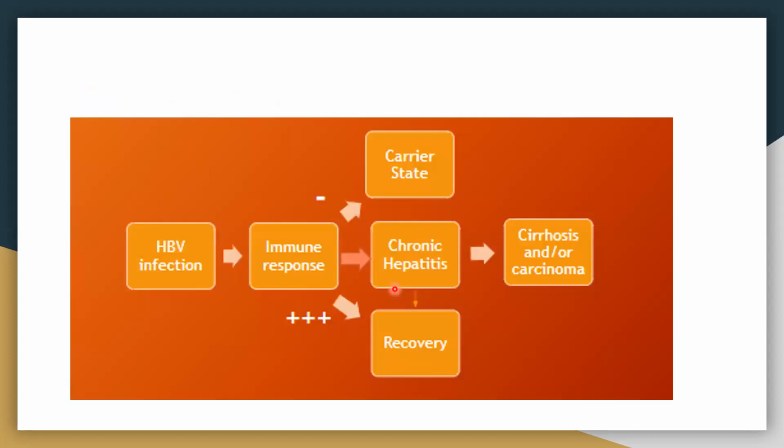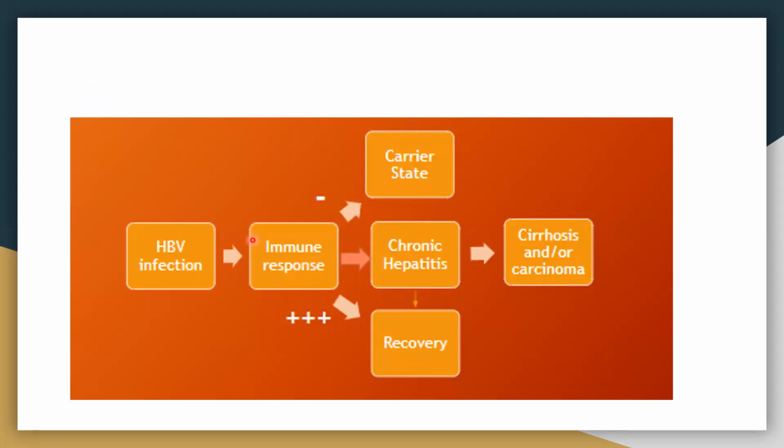And once infected, the body's response depends on the immune reaction. So in newborns, there is immune tolerance or absent immune response, which lasts for many years, leading to an inactive chronic infection, otherwise known as the carrier state. In this state, HBsAg is still detectable in the serum.